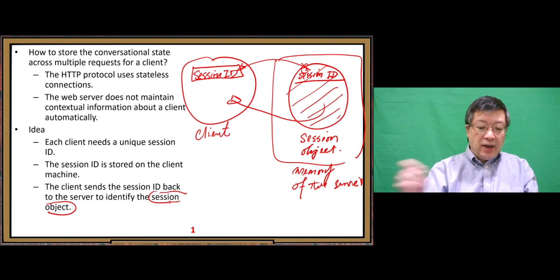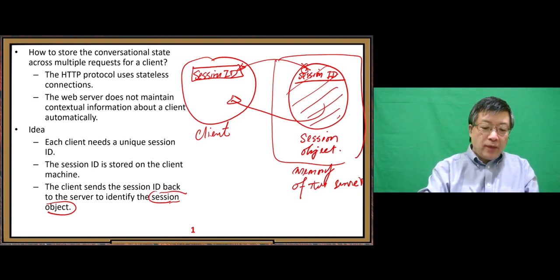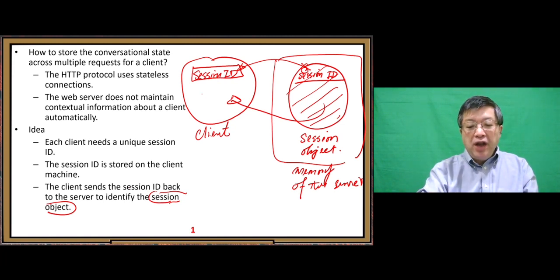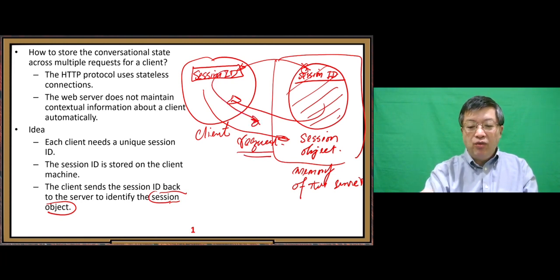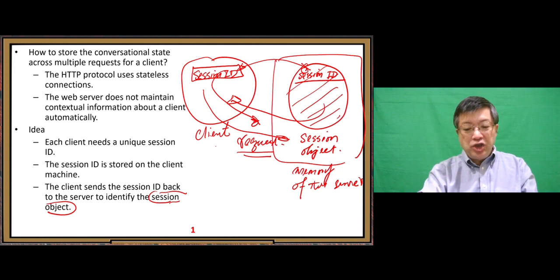But when the client sends the session ID back to the server, because the client needs to send a request to the server, it needs to carry the session ID inside the HTTP request.